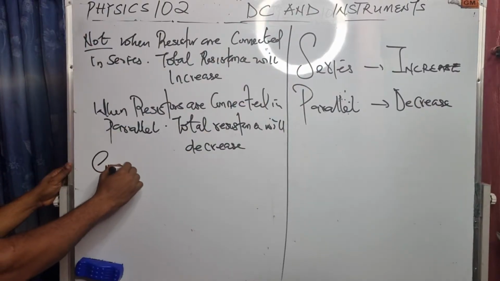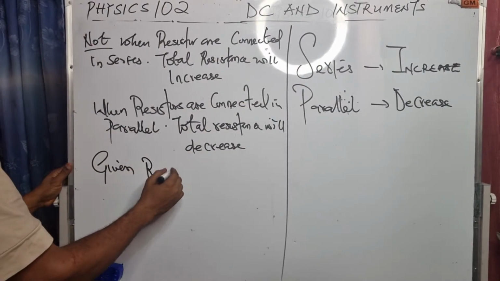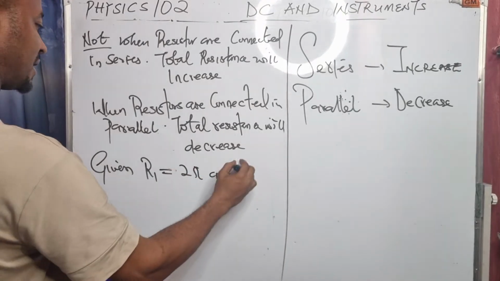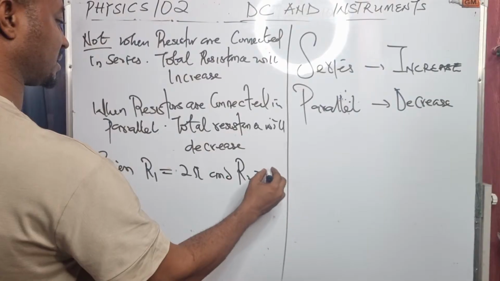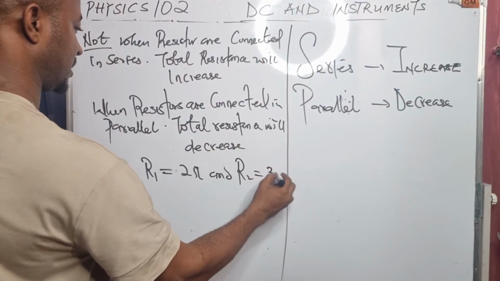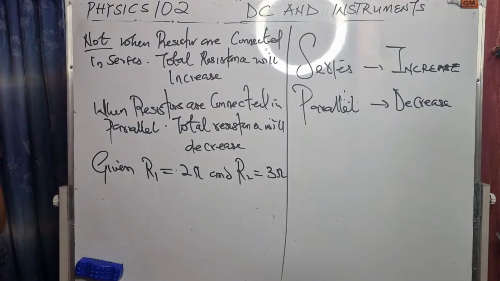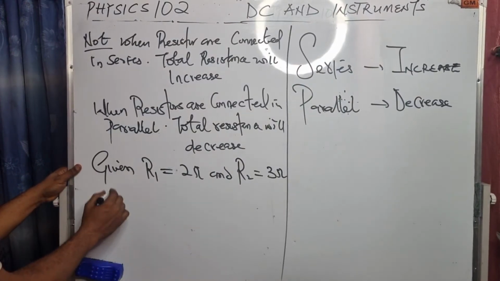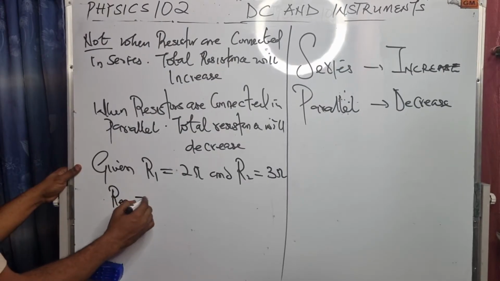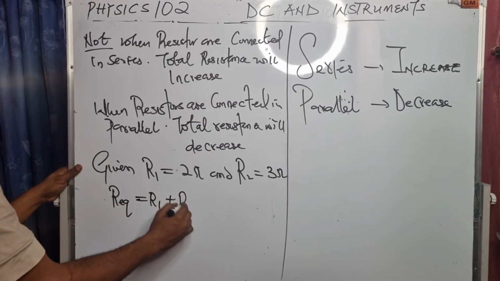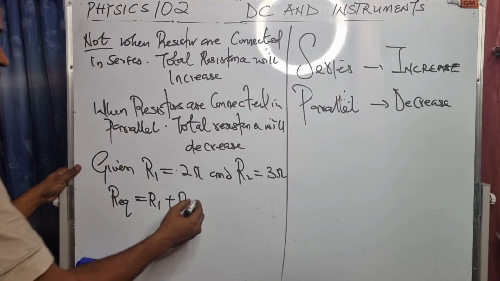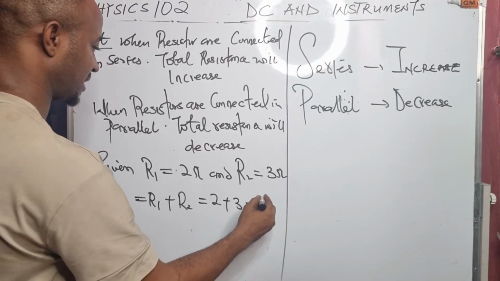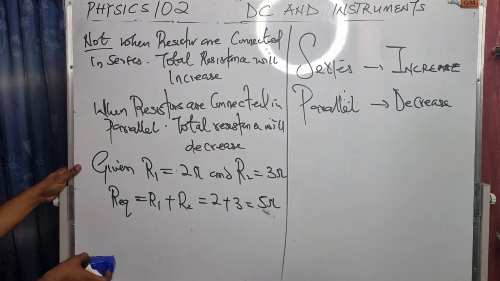If, for instance, R1 is given as 2 ohms, and R2 is given as, let's say, 3 ohms, and we are asked to find total resistance in series. Total resistance in series will give us R1 plus R2, right? We have to just sum up. That will give us 2 plus 3 equals 5 ohms.